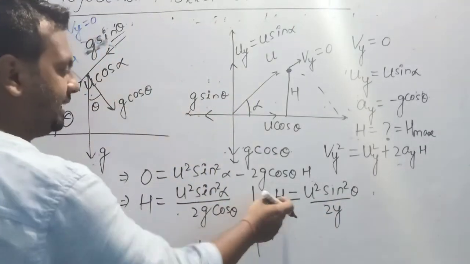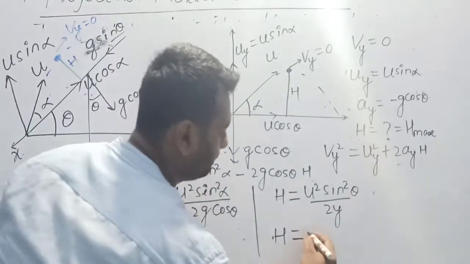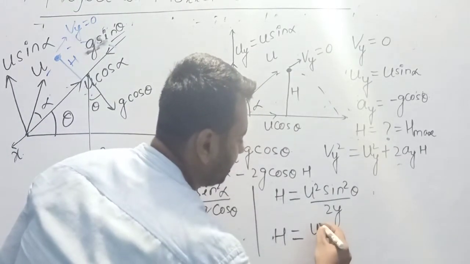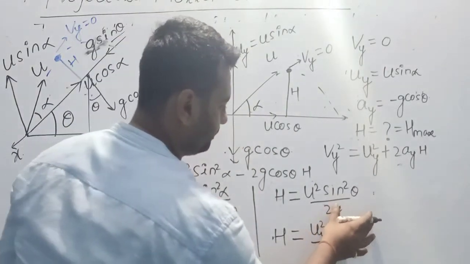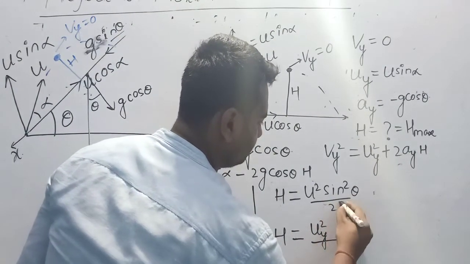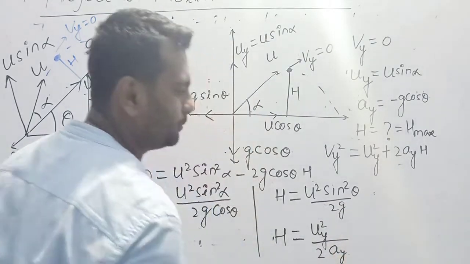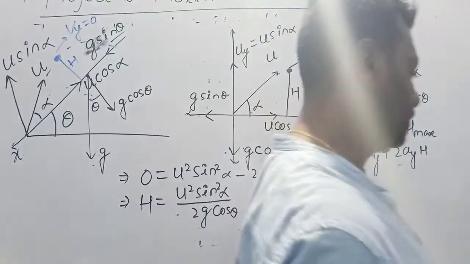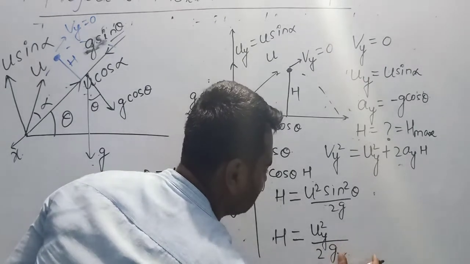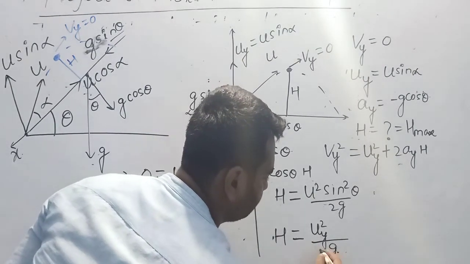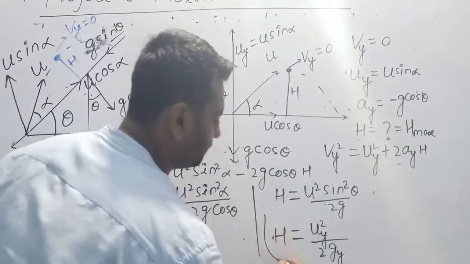So simply by comparing these two, we can write the general formula: h is equal to the y component of initial velocity whole square upon 2 into the y component of acceleration due to gravity, or g subscript y. Is this clear? This is the general formula.